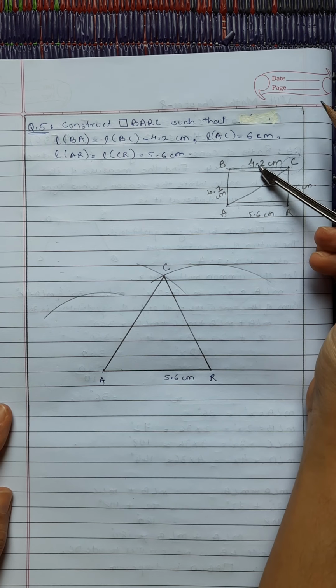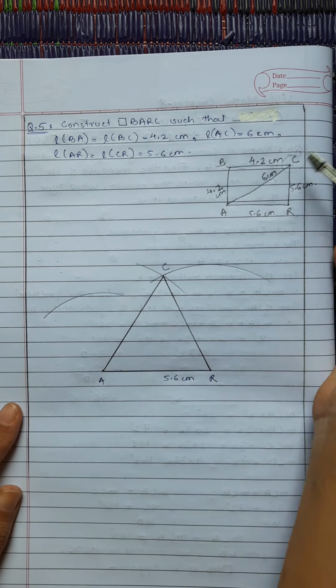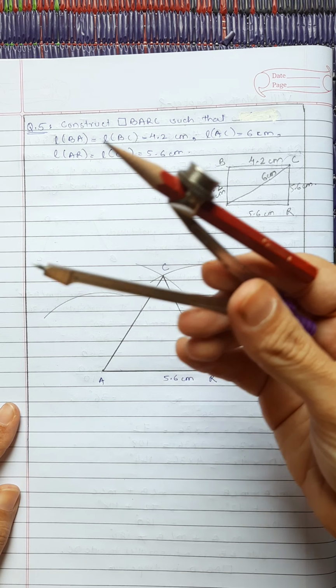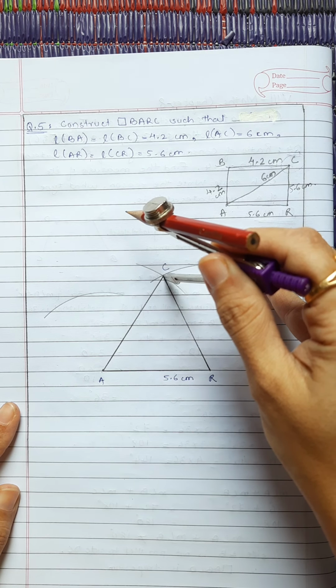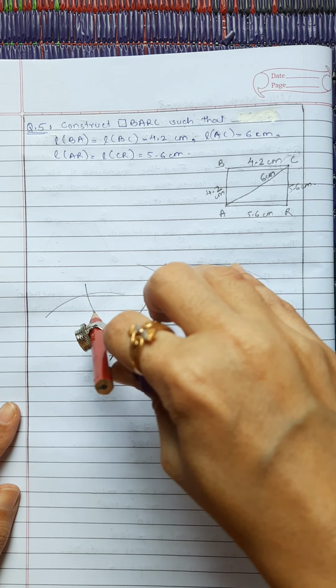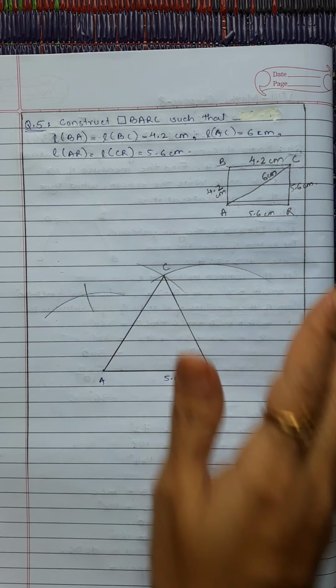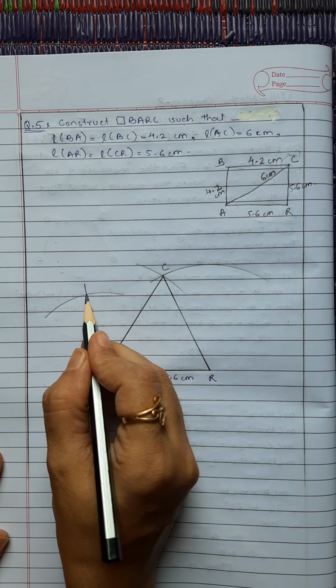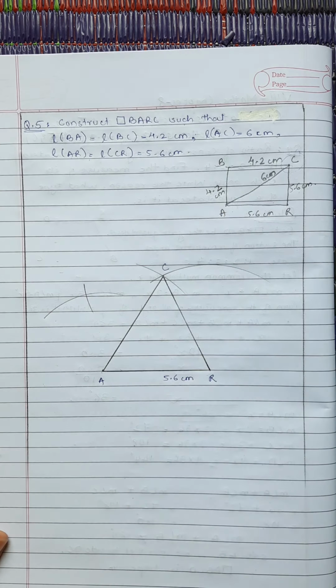Again the same measurement from vertex C, 4.2. So I do have 4.2 centimeters in this. Keeping on vertex C, I'll cut this arc. I'll intersect this arc.